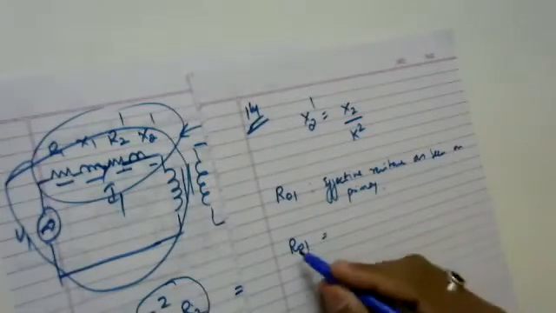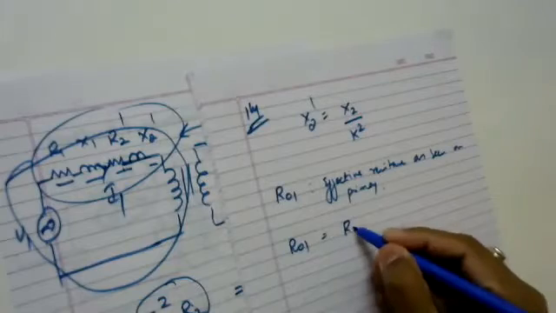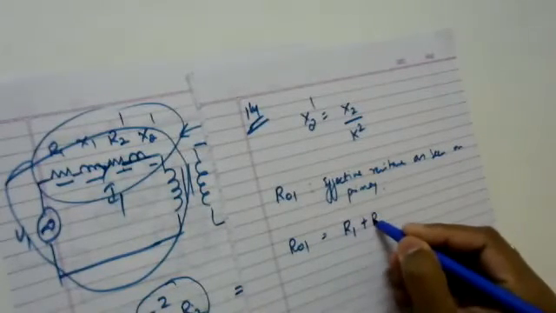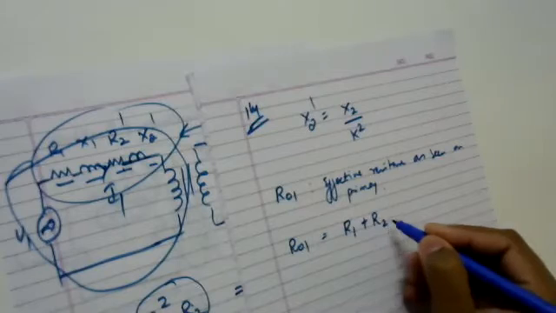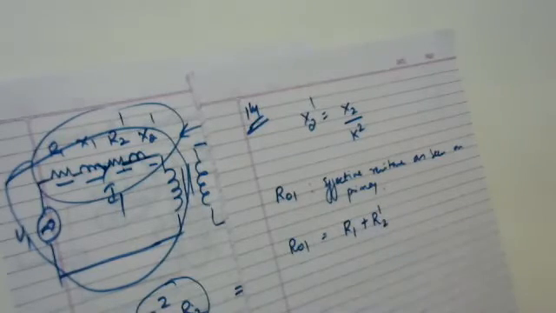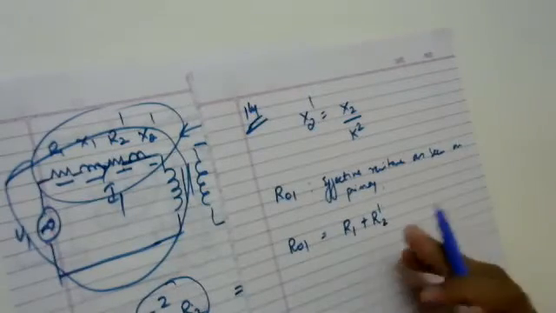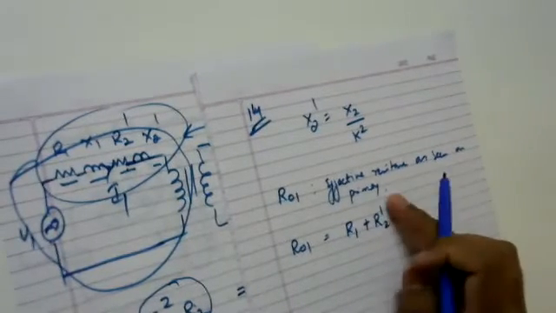So R01 is equal to R1, the resistance of the primary winding, plus the effective resistance of the secondary winding as seen on primary. So it is R1 plus R2 dash.